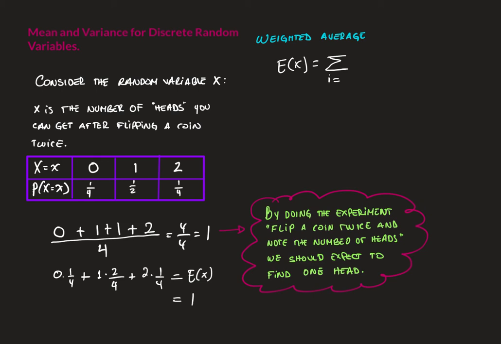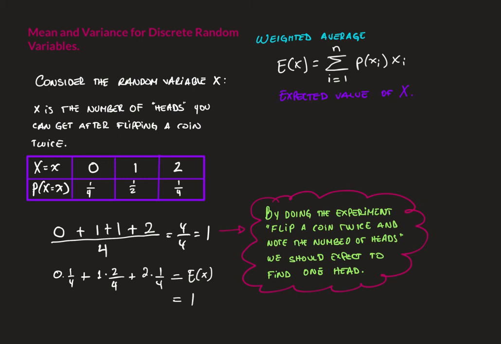So in this case, say we have n outcomes, it would be the sum from 1 to n of the probability of each outcome times the outcome itself. And this is giving us the average of the probability distribution. We're going to call this average the expected value. It's going to be more common that we refer to it as the expected value than the average.